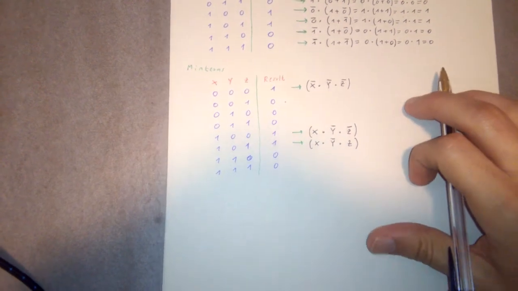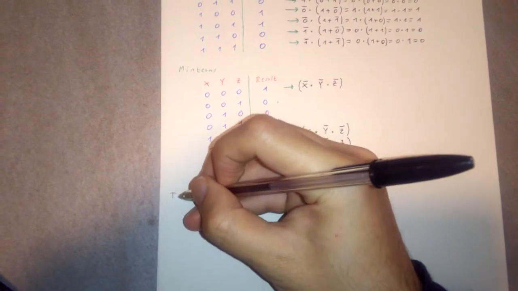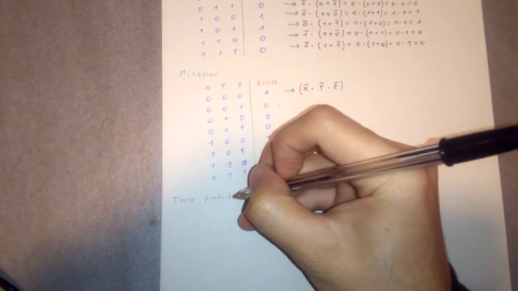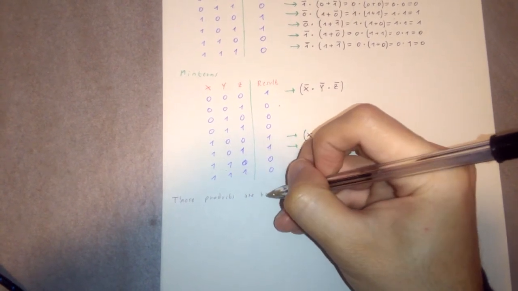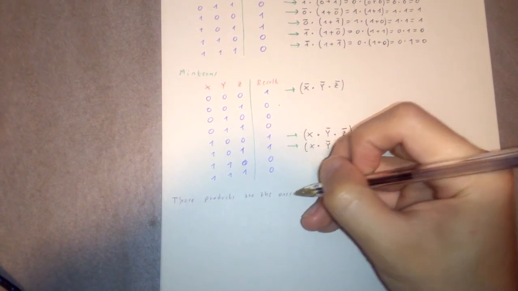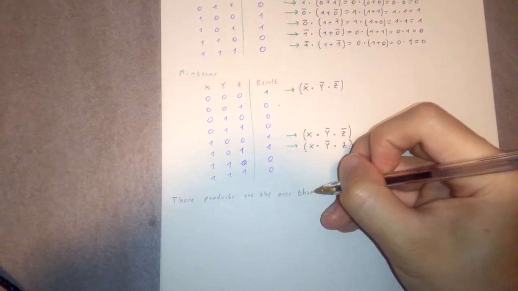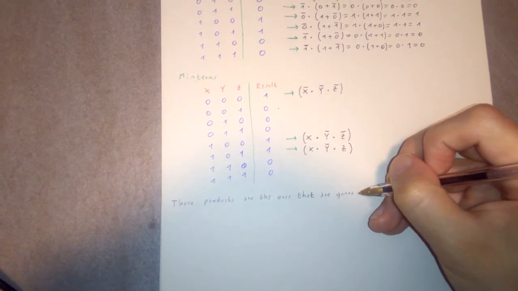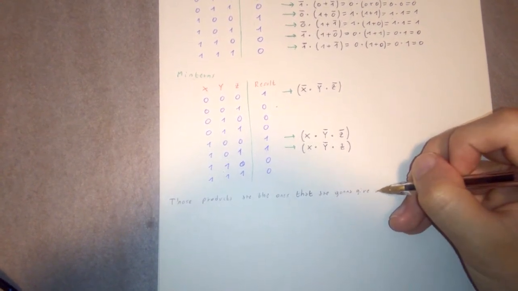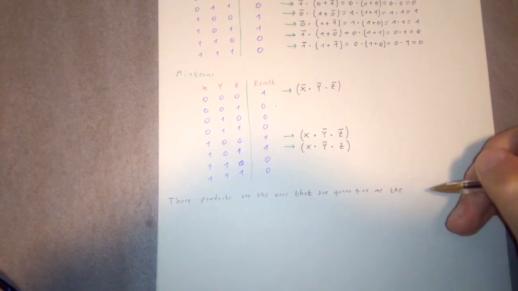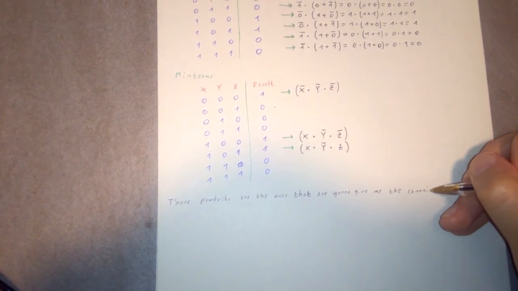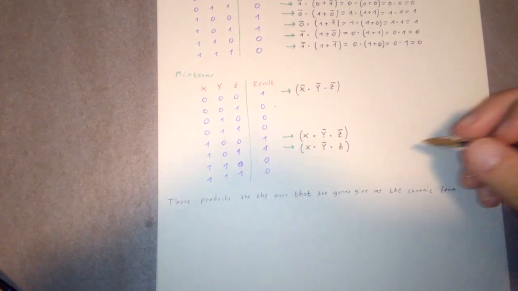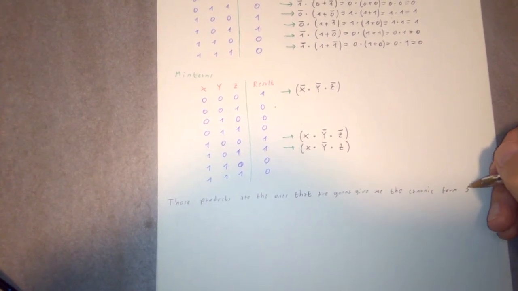So we can say that those products are the ones that are going to give me the canonic form, sum of products, SP.